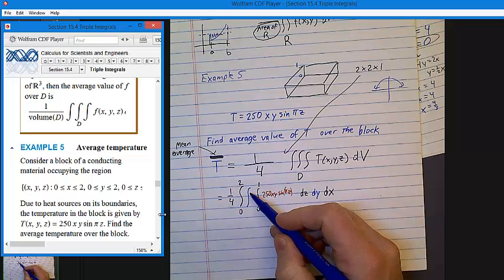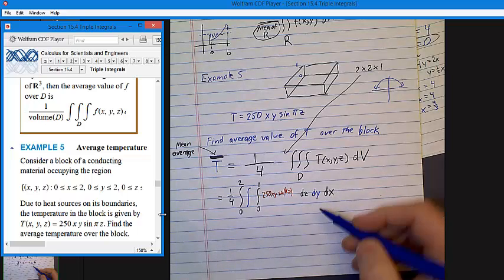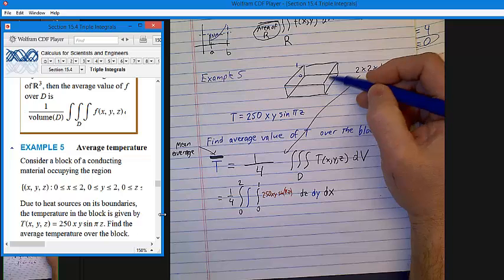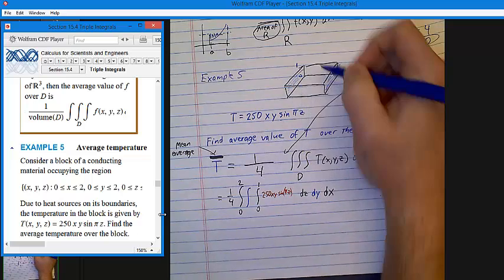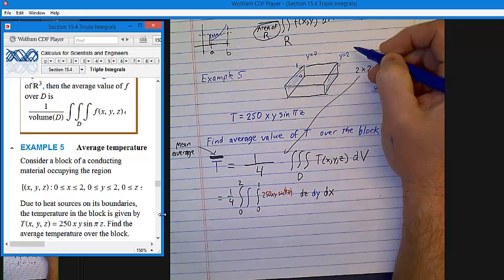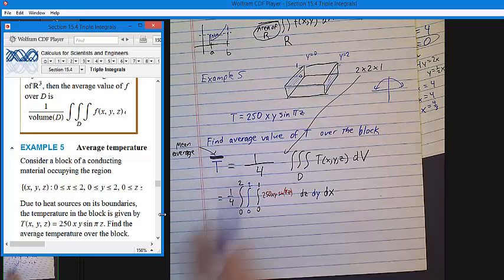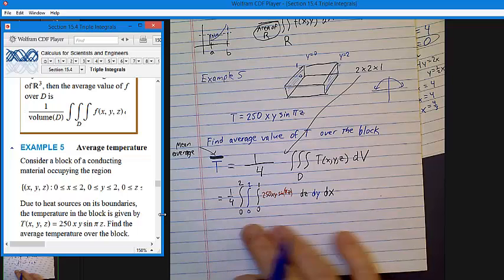Functions, right? dy. Now the y values here, if you look at these sides, these are the planes y equals 0 and y equals 2. So it's only because we're integrating over a rectangular block that we get numbers everywhere.